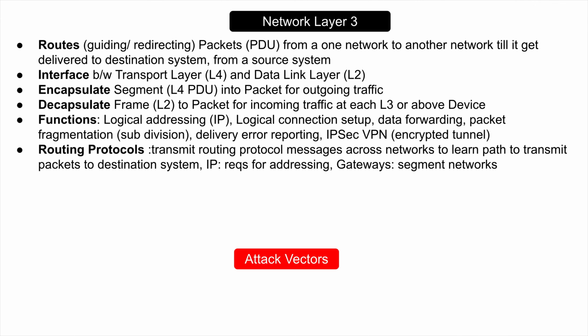IP, or Internet Protocol, is a set of requirements for addressing and routing purposes, and this addressing is a logical address. There are also gateway devices, which could be routers, that divide the networks and are responsible for forwarding traffic between different networks.